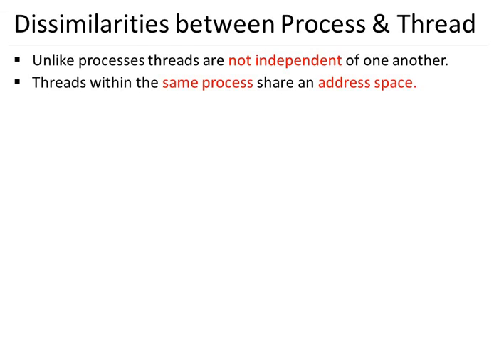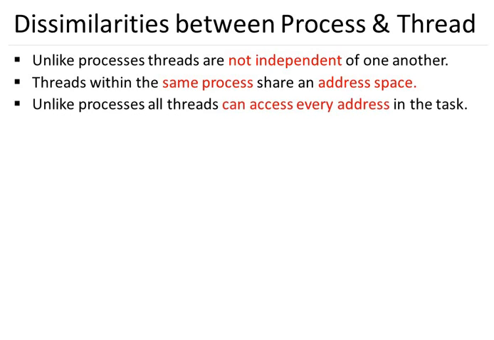Threads within the same process share an address space, as I have explained. Unlike processes, all the threads can access every address in the task. If there are 3 processes, they cannot access the address space of the remaining processes.